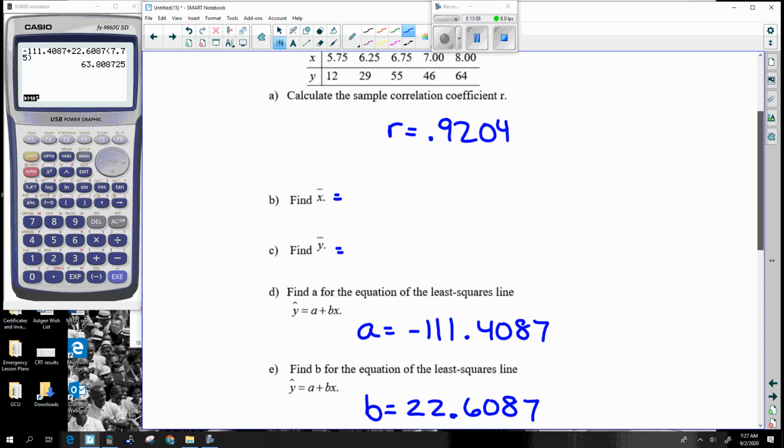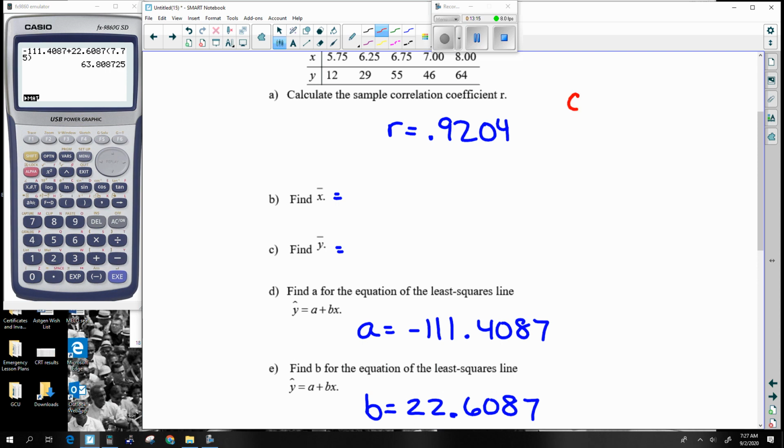Okay, now back to the x bar and y bar. The process to get all of these answers is to go to calc, regression, x regression, and a plus bx, and that will give you pretty much all that stuff.